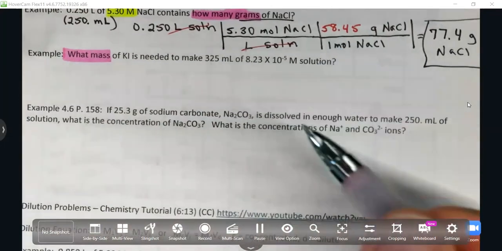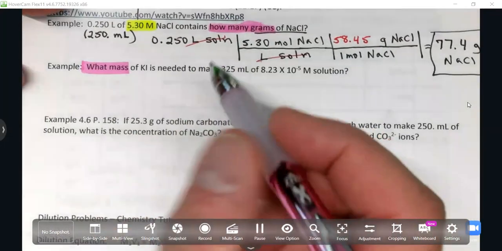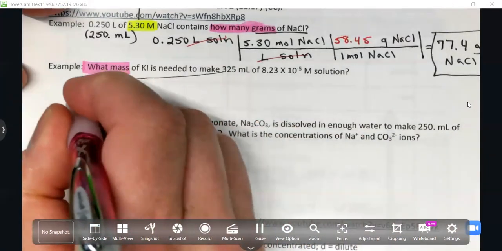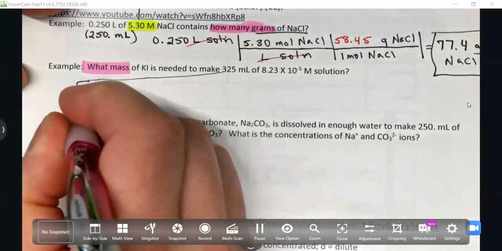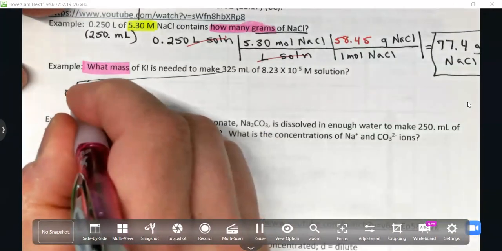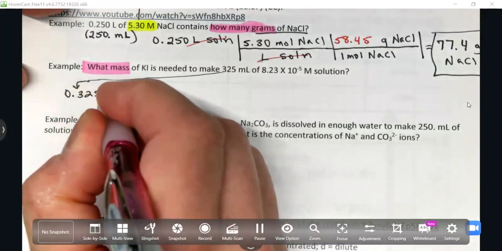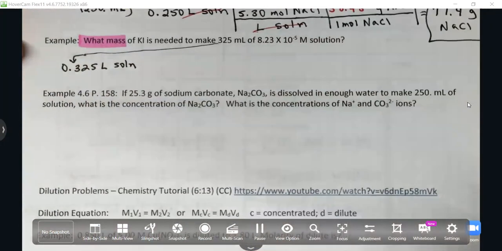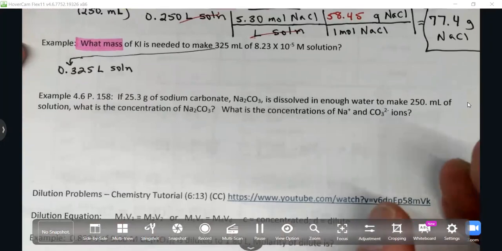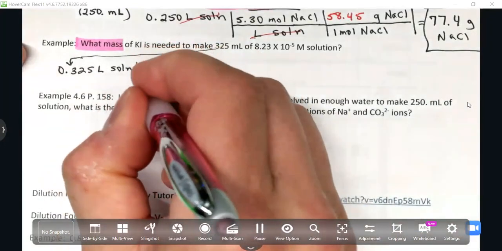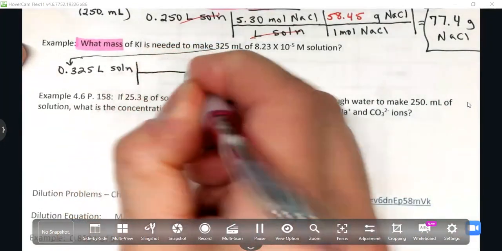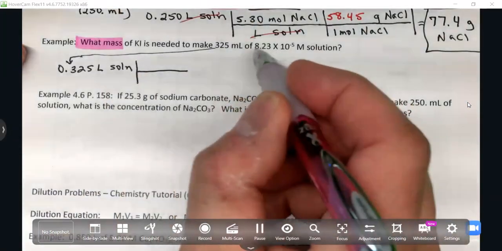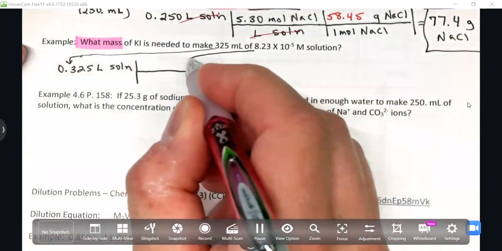Again, we're going to start out with a single unit number. Let's put this into liters. So we're going to start out with 0.325 liters of solution. And then we'll bring this in just the way it is.